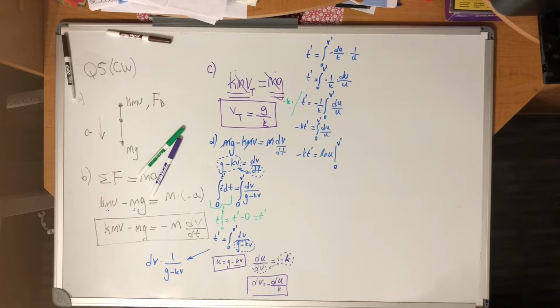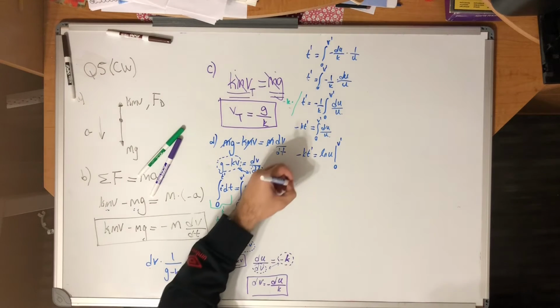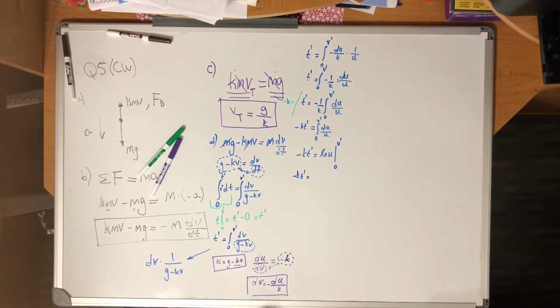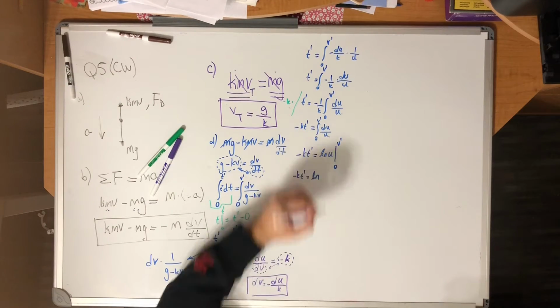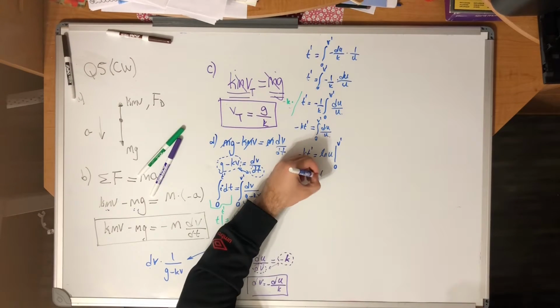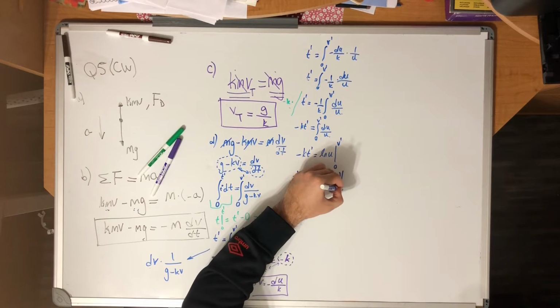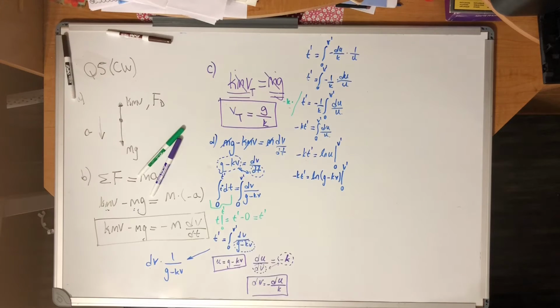But now, since we got the integration, I can substitute that u with the original expression, which is g minus kv. So negative k t prime will be equal to what? ln of g minus kv, and then you go from 0 to v prime.